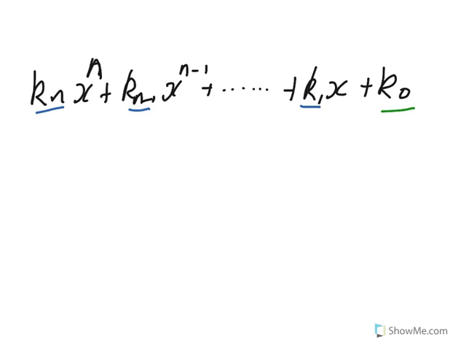Now the thing is that n has to be an element of the natural numbers, so that means that a polynomial can't have a negative power.